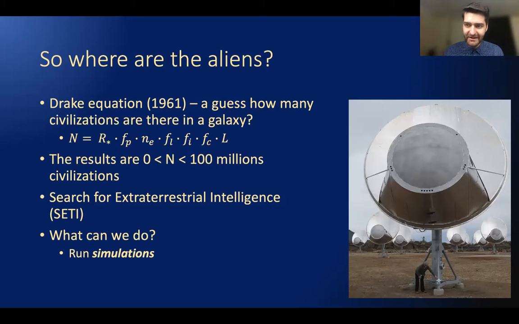So Frank Drake wrote this little equation here to give an idea of whether it is likely to find another alien life somewhere in space. And he wanted to estimate the number of planets where we could potentially find life forms that could communicate to us somehow via some sort of radio.